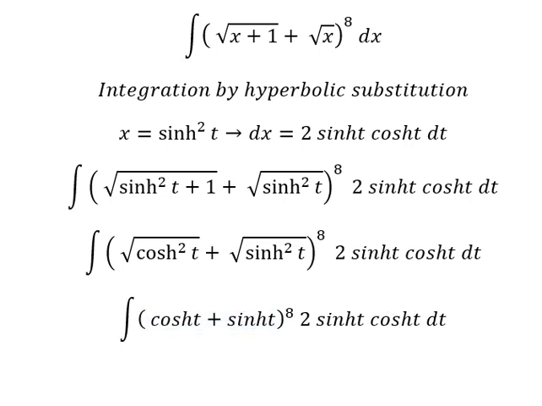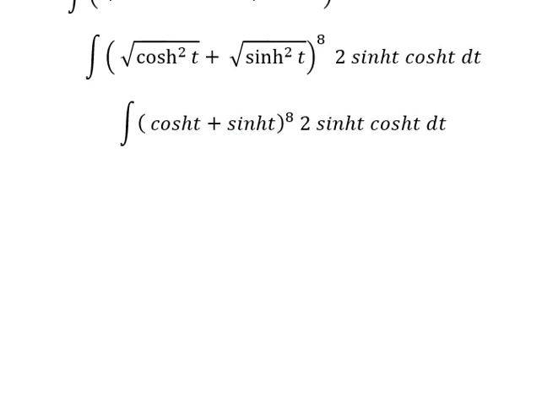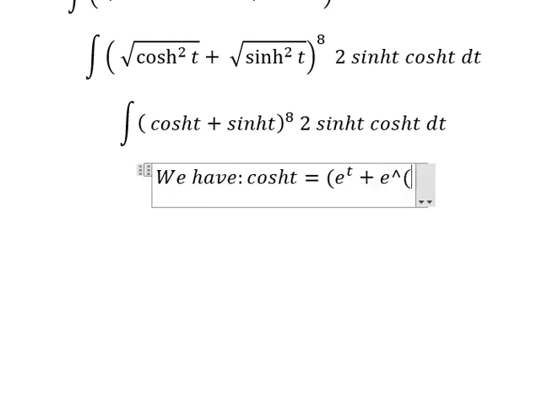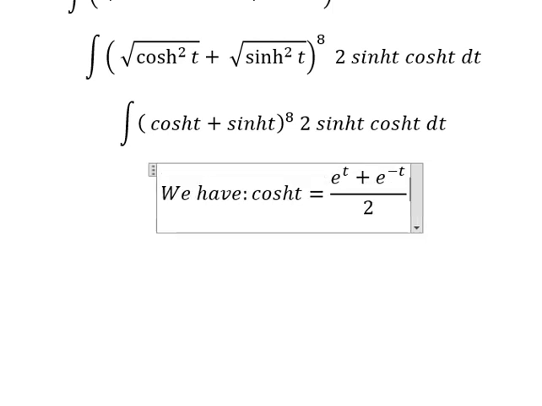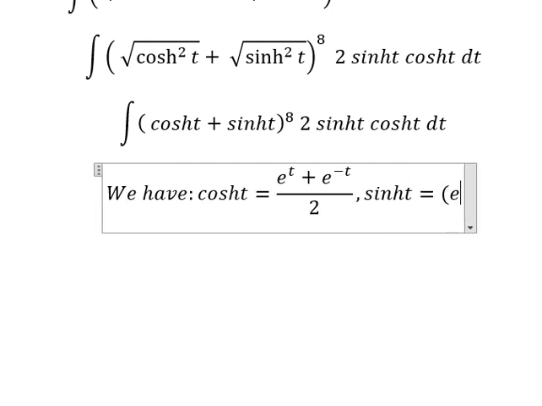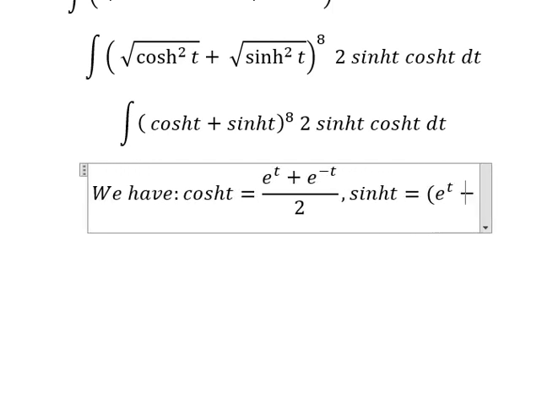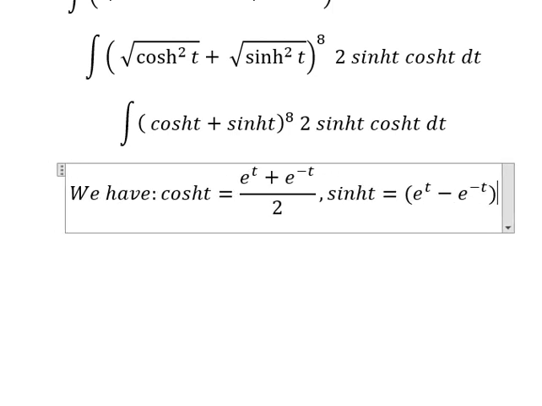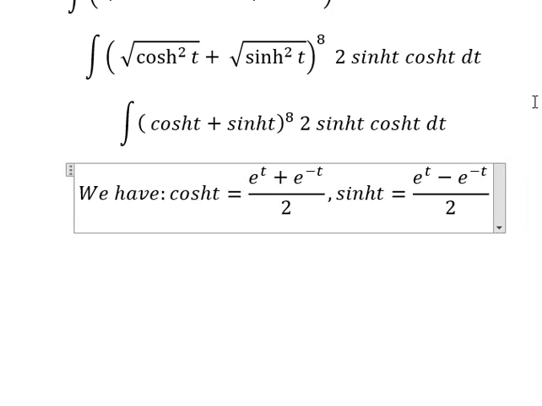Next, we have the formula in here. Cosh t equals e to the power of t plus e to the power of negative t over 2. Sinh t is e to the power of t minus e to the power of negative t over 2.